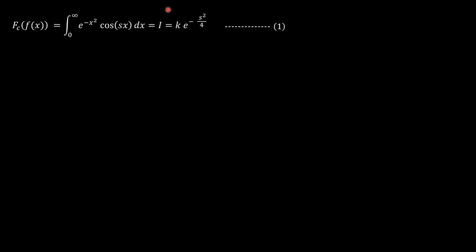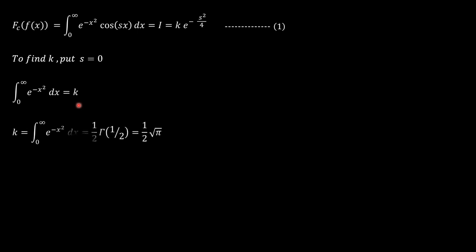Now in order to find the value of k, let me substitute particular values for s. Say suppose s is equal to 0, so that the above equation reduces to the form integration 0 to infinity e to the power minus x square dx is equal to k. Just observe the integral, students. Integration 0 to infinity e to the power minus x square dx is nothing but half into gamma half.